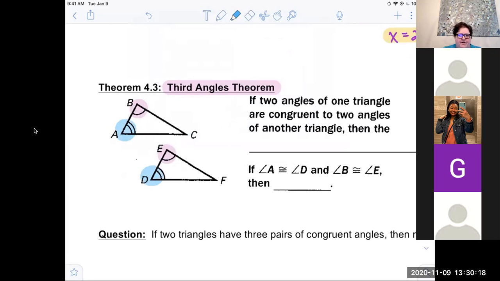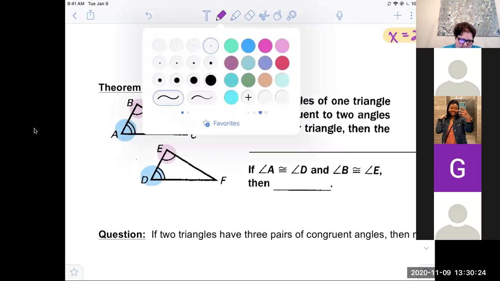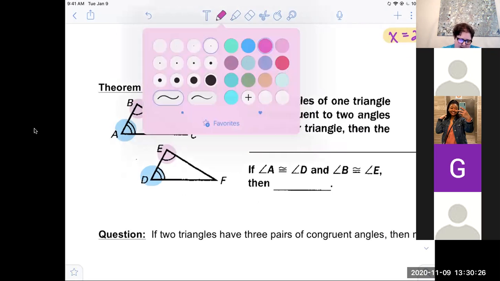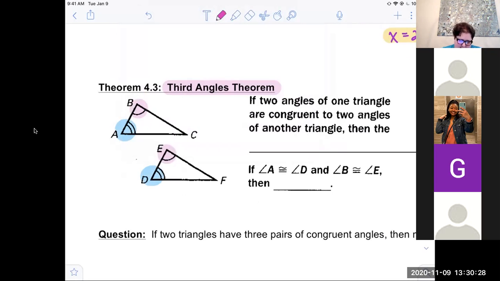It's called the third angles theorem because if angle A is congruent to angle D, and angle B is congruent to angle E, then what should go in the blank there? Jake, what should it say? C.